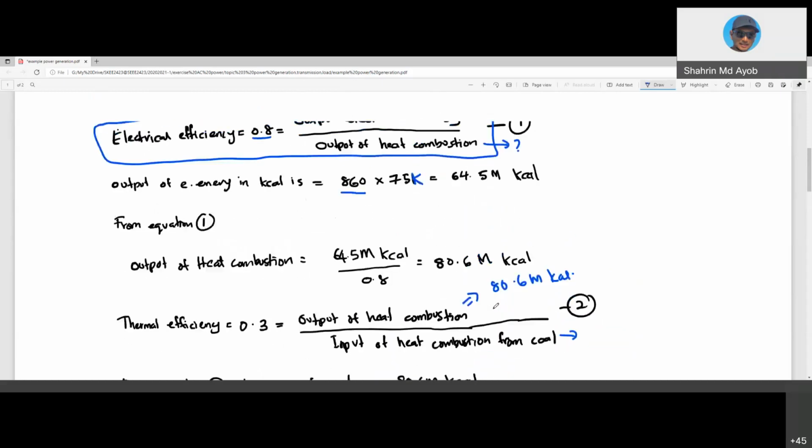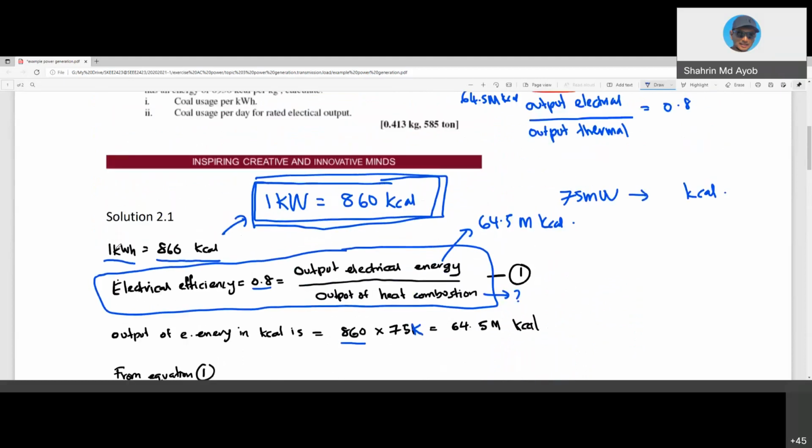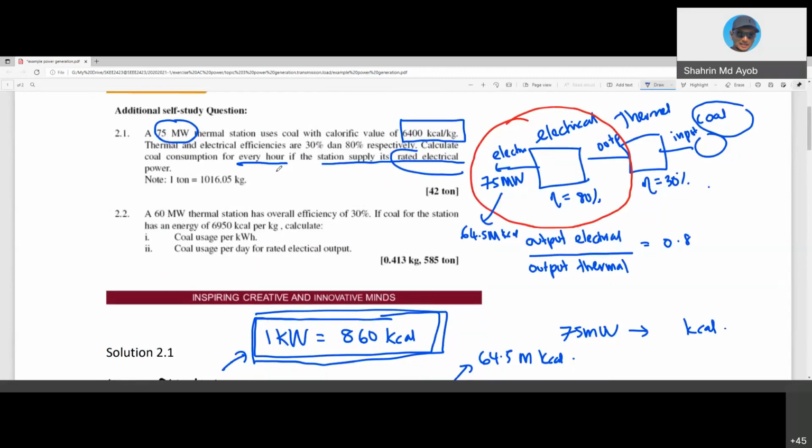Why I actually ignore this is because 1 kilowatt hour is equivalent to 860 calories. Yes, okay, but you refer to the question that I have already highlighted before. So this is actually calculating the coal consumption for every hour.